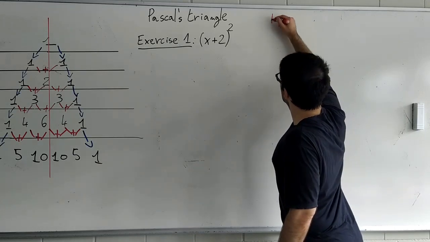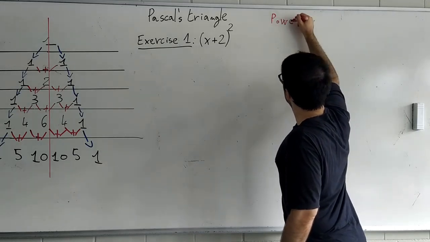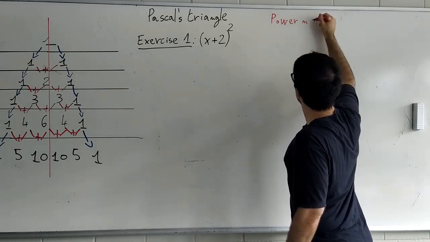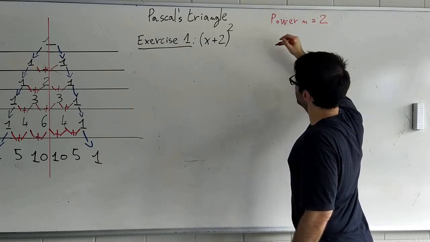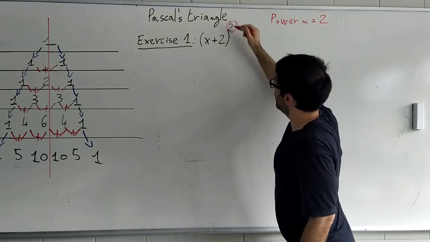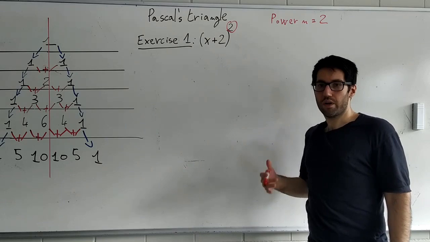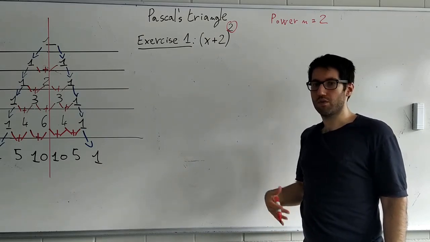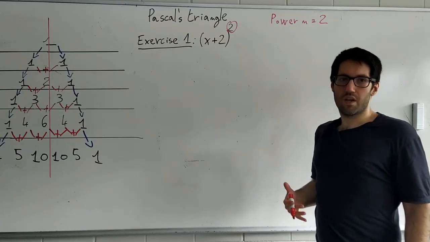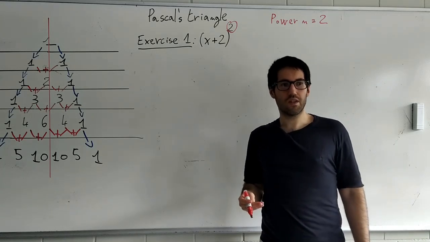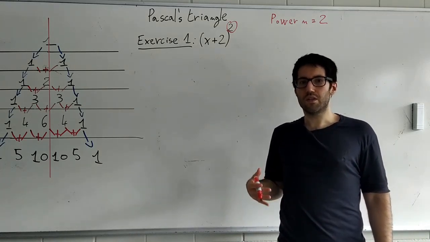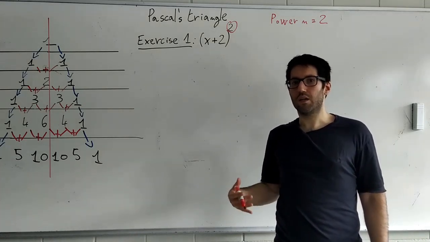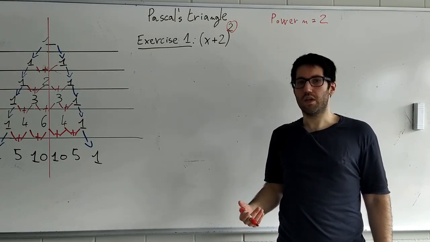In this case, of course, we have power n equal to 2, because everything is elevated to the power of 2. What does this tell us? This tells us that we need the (n plus 1)th row to calculate the expansion.